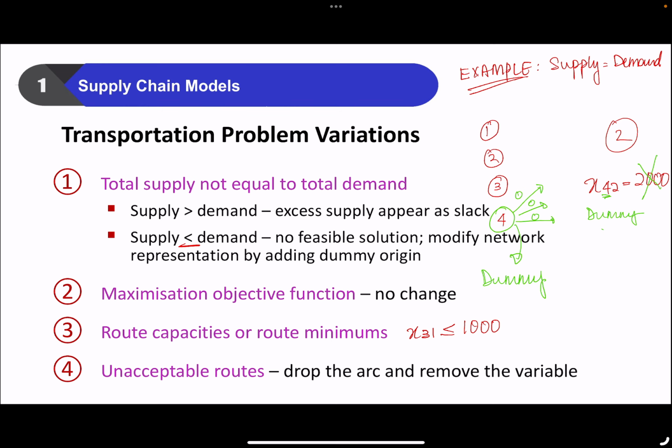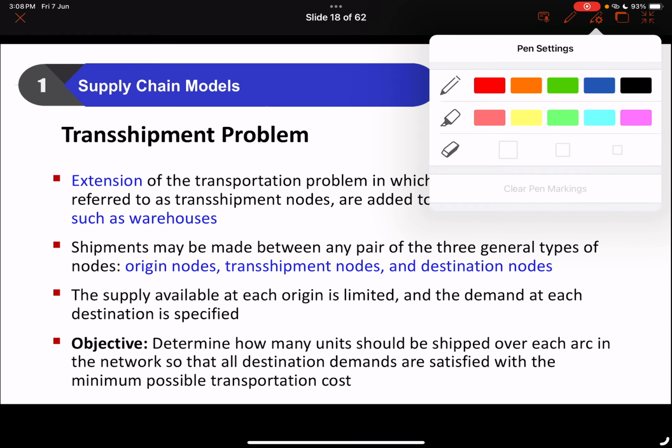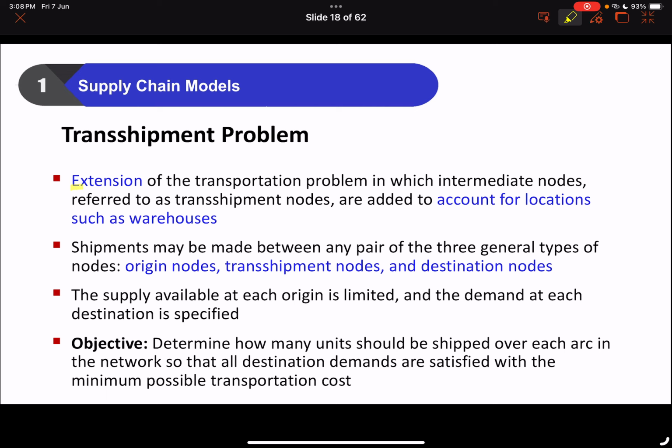So next we look at the second problem of the supply chain, which is the transshipment problem. The transshipment problem is an extension of the transportation problem, in which you have what we call intermediate nodes.